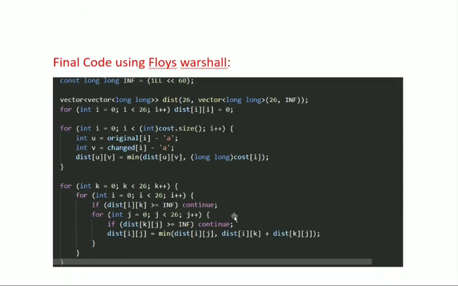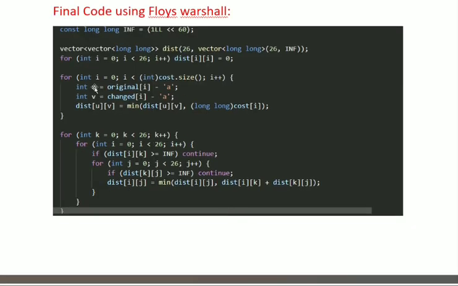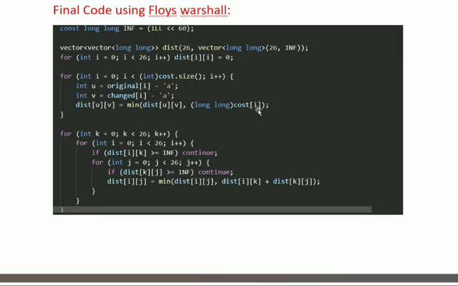So if you see the final code using the Floyd Warshall algorithm, we have made a distance matrix, and this loop is making the distance from every node to itself 0, right? So this is simulating that, and then we make the graph using original, changed, and cost, right?